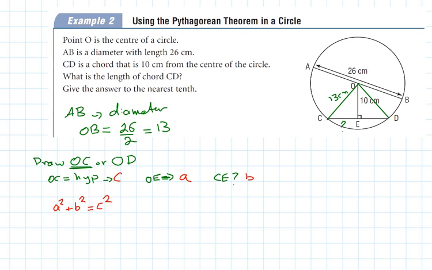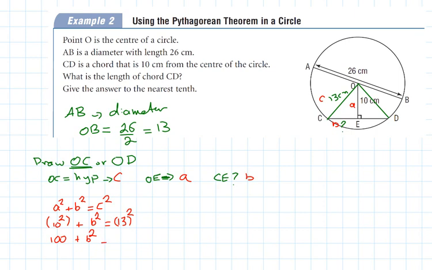So we have, this is C, this is A, and this is B. Okay, so we have 10 squared plus B squared, which is unknown, that remains as B squared, and C squared is going to be 13 squared. 10 squared is 100, 13 squared is 169.